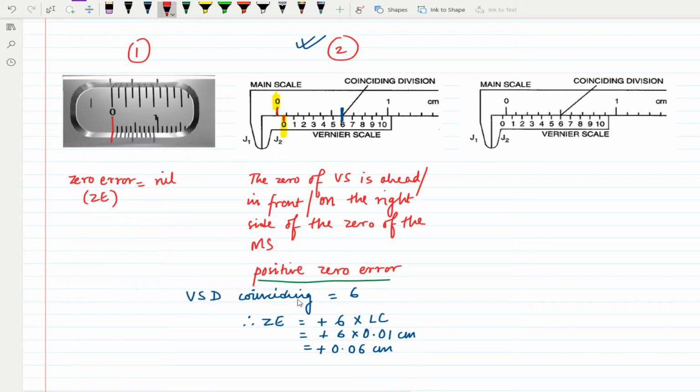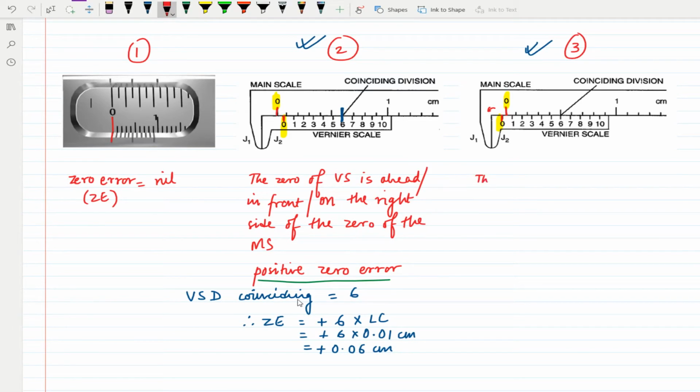Now if we come to case 3, you can see in this particular case the zero of the vernier is lying to the left of the zero of the main scale. If this is the case, then the zero error is said to be negative.